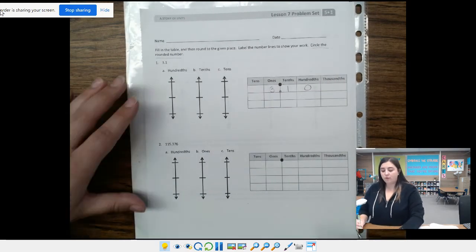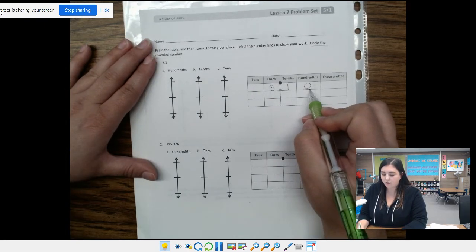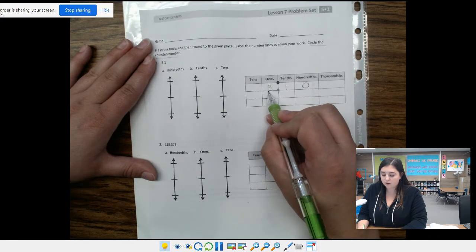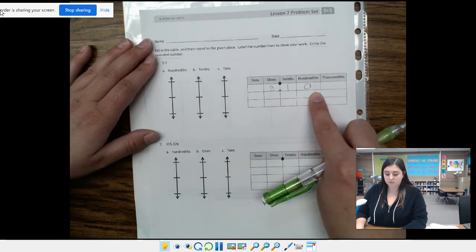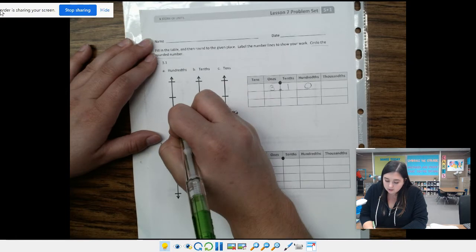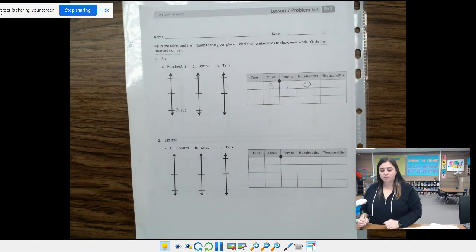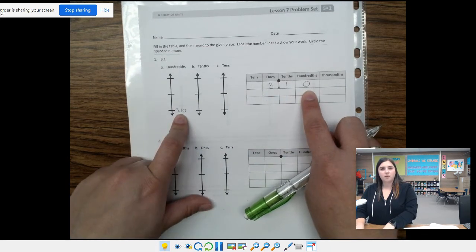Just like we did before, I'm going to use everything that is from the hundredths going forward. So I'm going to use that whole thing. So I know my bottom number here is going to be 3.10. That's what I started with. That goes on the bottom.